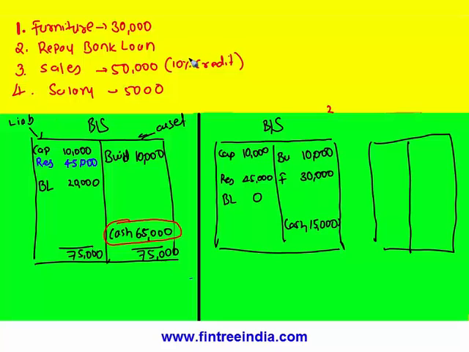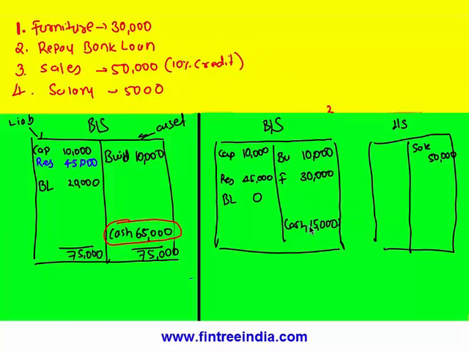Then sales 50. So we have to write sales on the income side. Should I write entire 50? Yes. Using accrual system, we will write entire sales of 50 here on the income statement. But to the cash, should we add entire 50? No. How much cash we have received? 45.